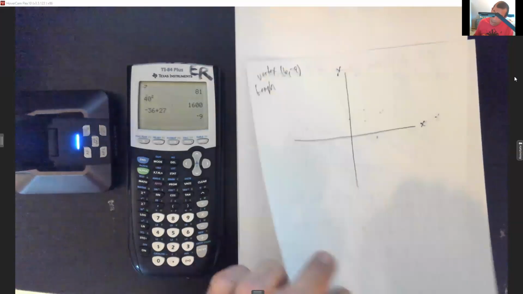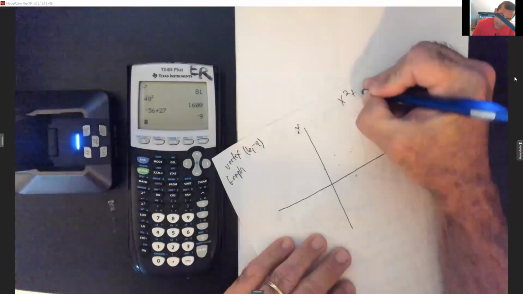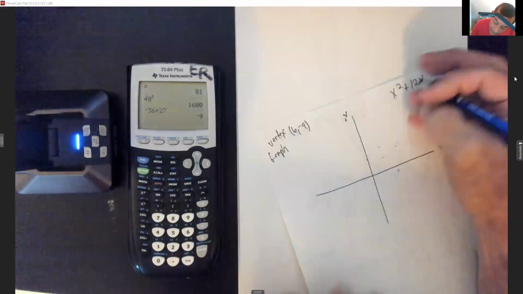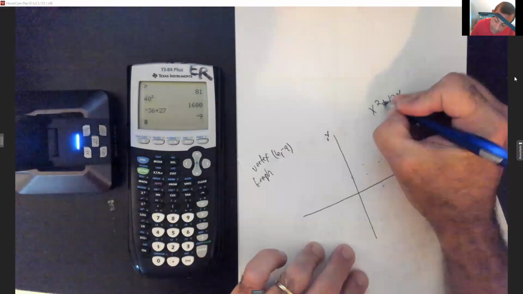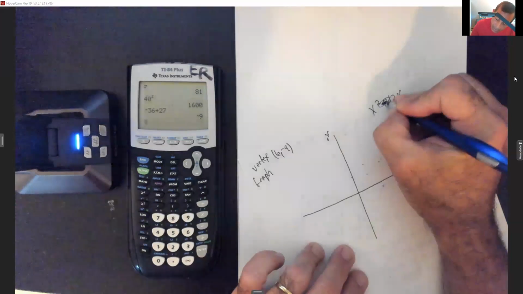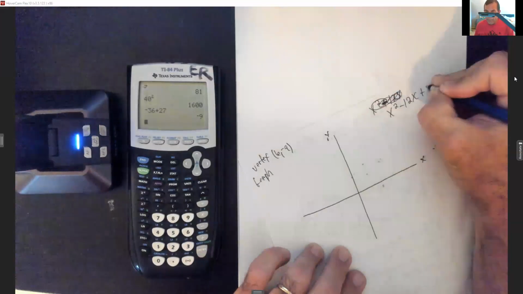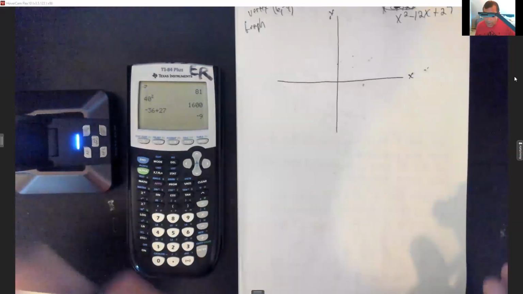And then my equation was x squared minus 12x plus 27.